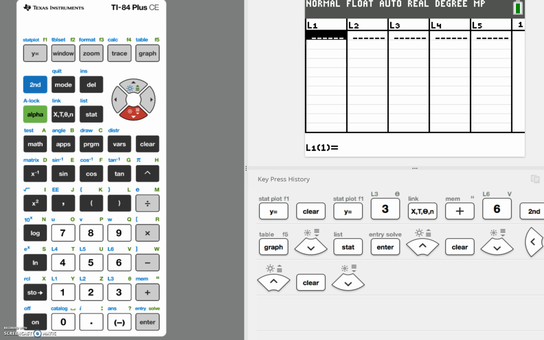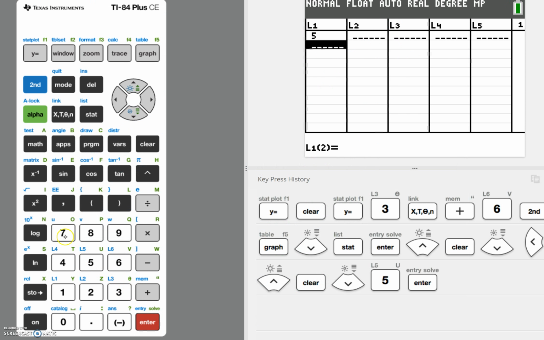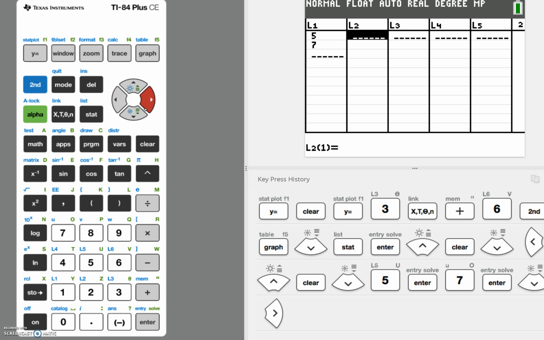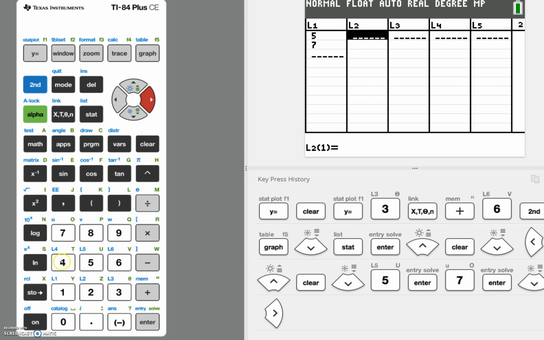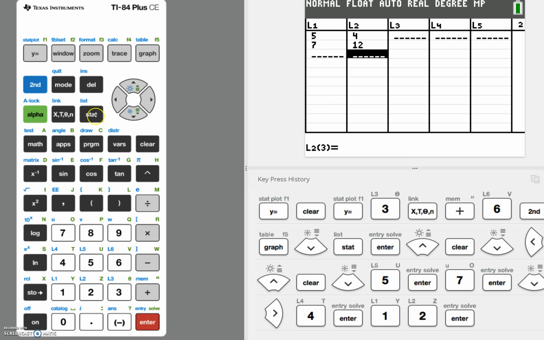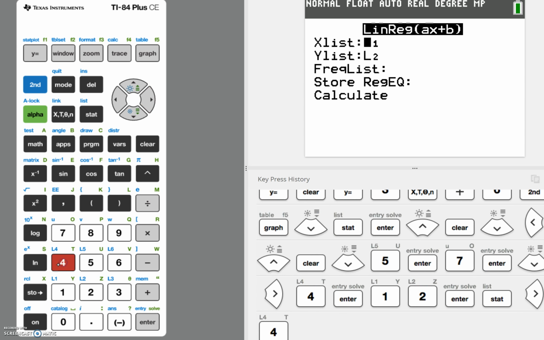My L1 is my term number, so 5 and 7. 5, enter, 7, enter. My L2 is the y values that match up. So my fifth term is 4. My seventh term is 12. Once I set the calculator, I'm going to hit stat, over to calc, choice 4 for linear regression.